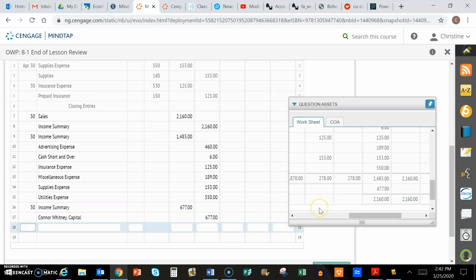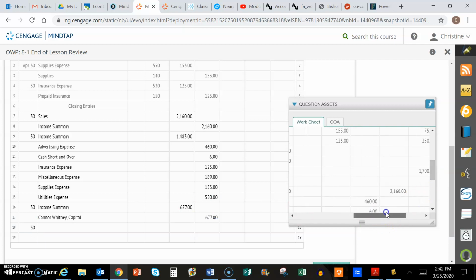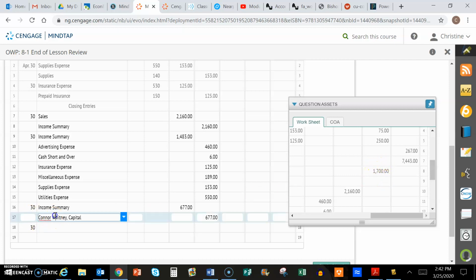And the final transaction is to close your drawing account. Your drawing account is part of owner's equity. That owner can pull money out of the business at any point during the year. So I'm going to close this 1700 into capital because he is decreasing what the business is now worth because he took money out of it. So let me triple click this.